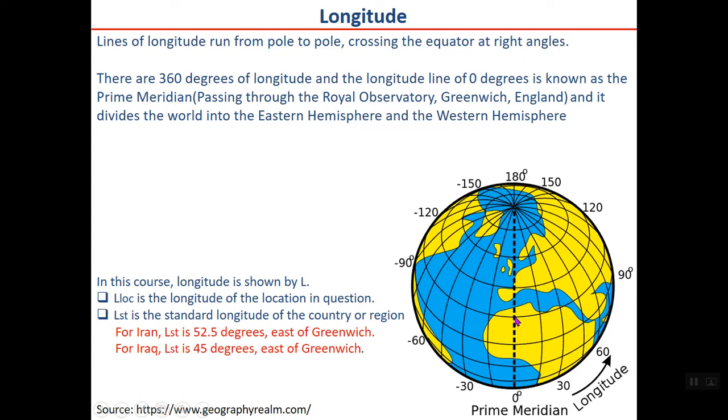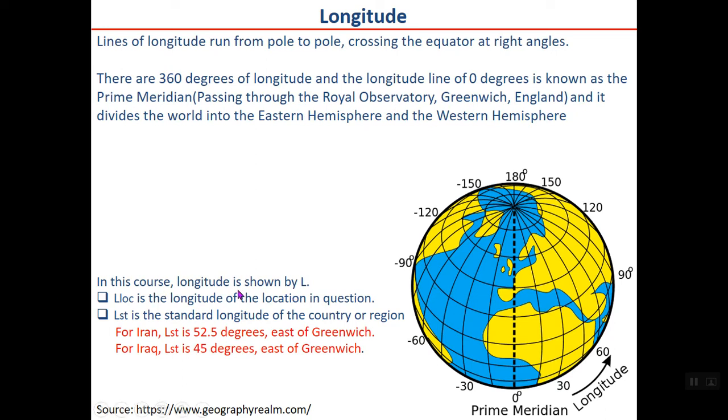There are 360 degrees of longitude because the Earth is a sphere, and the longitude line of 0 degrees is known as the prime meridian, which, as you know, passes through Greenwich in England, and it divides the world into eastern hemisphere and western hemisphere. So if we are, for example, here, like Iran or Iraq, it will be shown by E, and if it is the western part of Greenwich, it is shown by W.